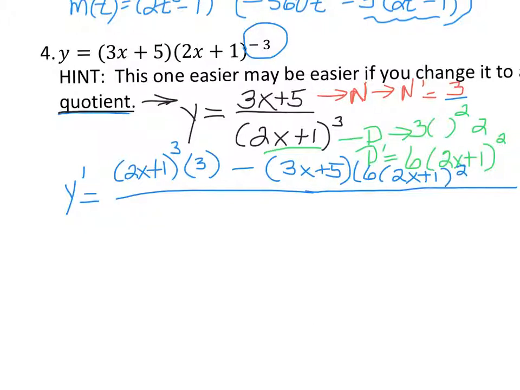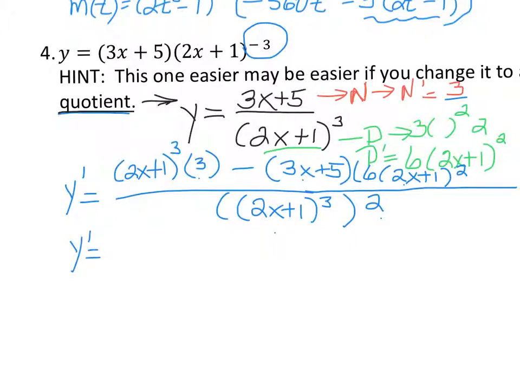And then we're going to put that over the denominator, 2x plus 1 cubed, but we're going to square that, because it's denominator times derivative of the numerator minus numerator times derivative of the denominator over the denominator squared.